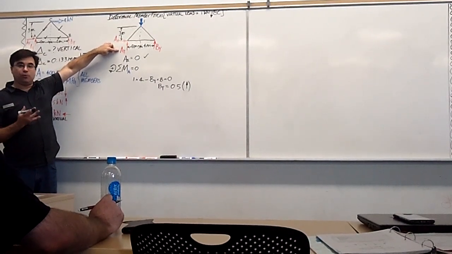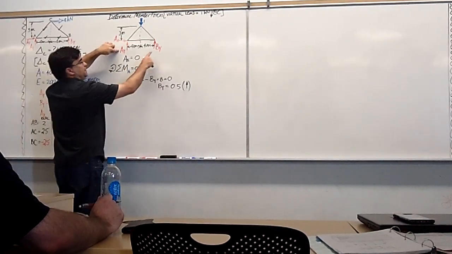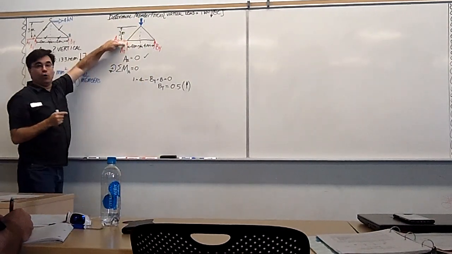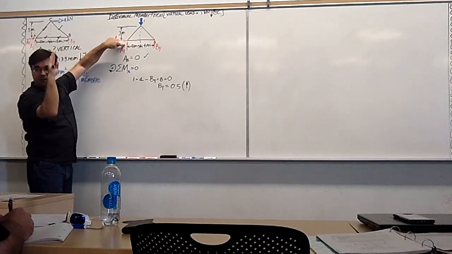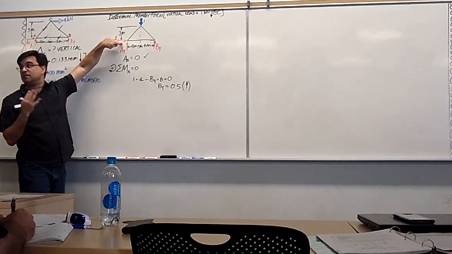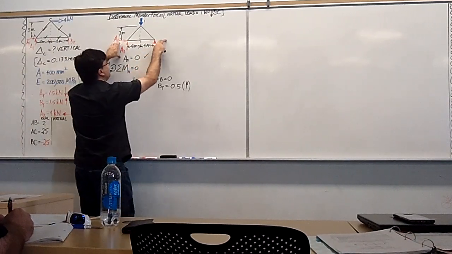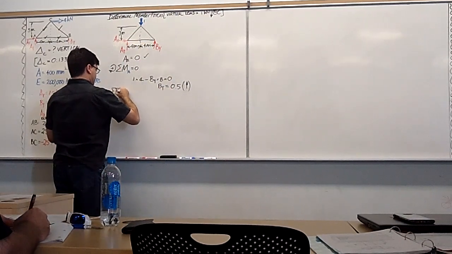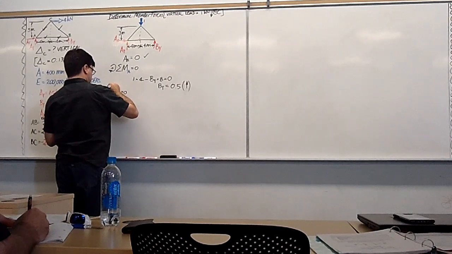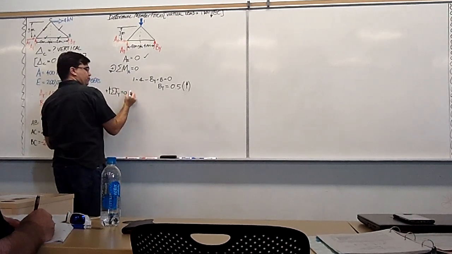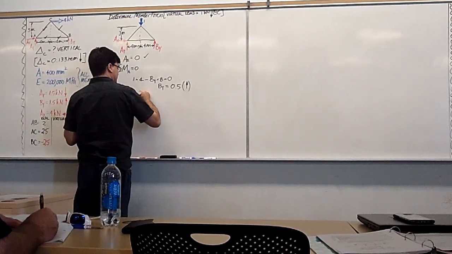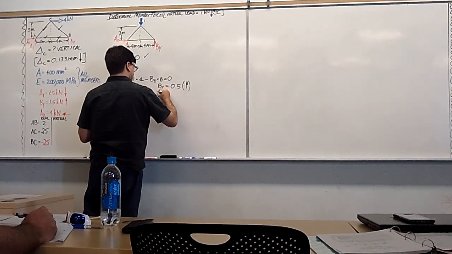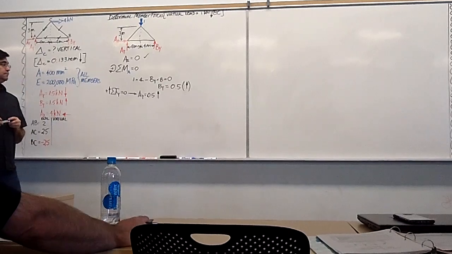It has to be 0.5 because this is 0.5 going up. This is 1 going down. The only way you get equilibrium in the y direction is if this is 0.5, right? These two together have to balance out that. So I'll write it like this to recognize that you understand it. From the sum of the forces in the y direction, you get that AY equals 0.5 up.